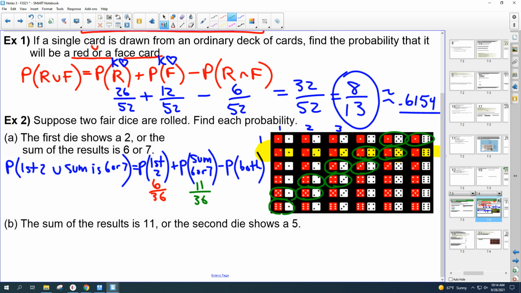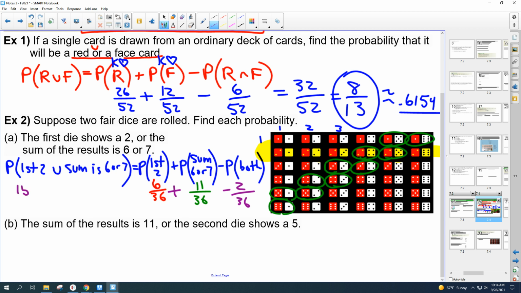Now, did I count any of those twice? See how there's 2 of them that I highlighted in yellow and circled in green? There are 2 different outcomes that did both of those things. And so I'm going to need to subtract off that overcount. And that's what the union rule does. 6 plus 11 is 17, minus 2 is 15.